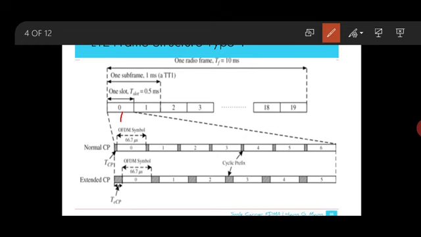In total, it is divided into 7 sub slots of normal CP. Again, there is the extended CP, that is 6, numbered up to 5. So one slot has 7 normal CP symbols and 6 extended CP symbols.